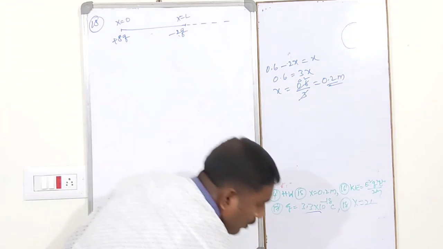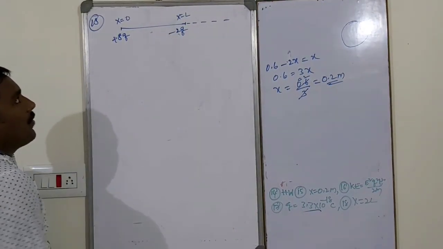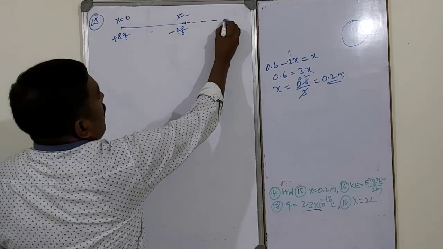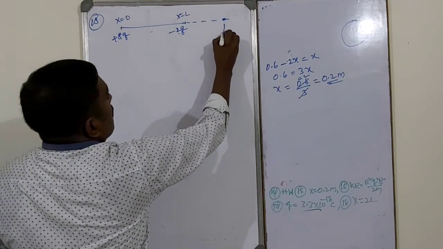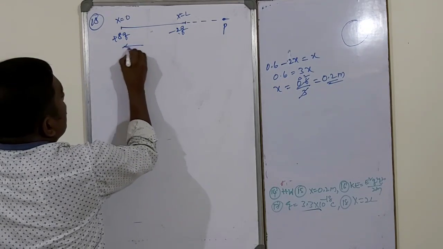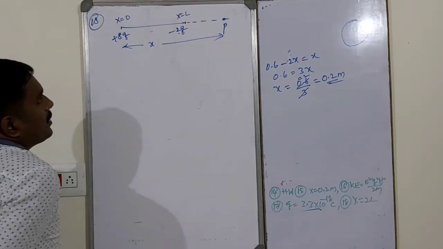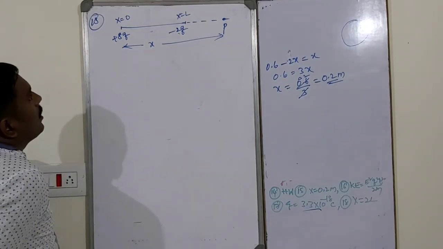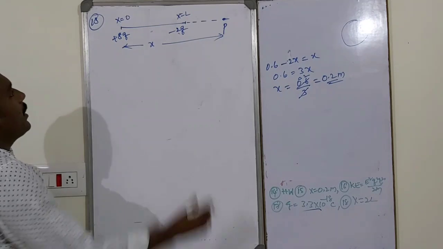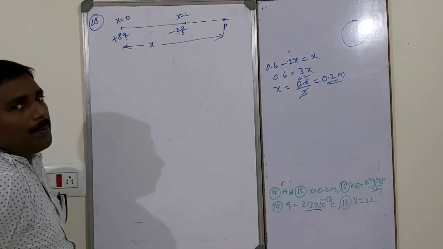So on the x-axis, we need to find out at which point the electric field is 0. Suppose let P be a point, at a distance of x from the 8q charge, at which the electric field will be 0.